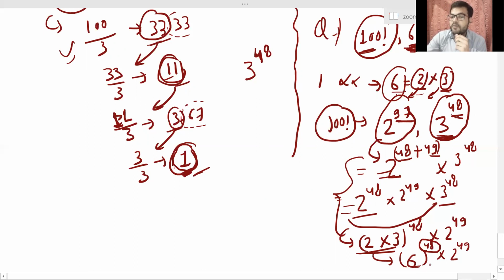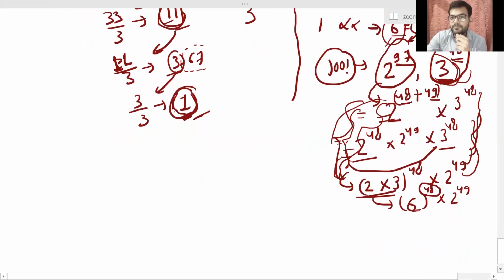So you have got 48 number of 6's. Clear? You don't have to write down all these steps. I explained all these steps because it was necessary to understand the basics. But in case you have to find the number of 6's, you only find the maximum power of 3, the number of 3's. That will be the answer for 6 also. I hope this is clear till now.